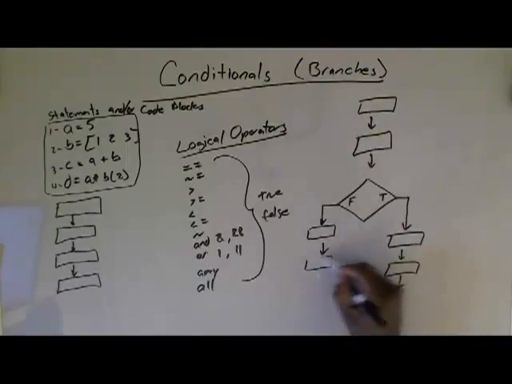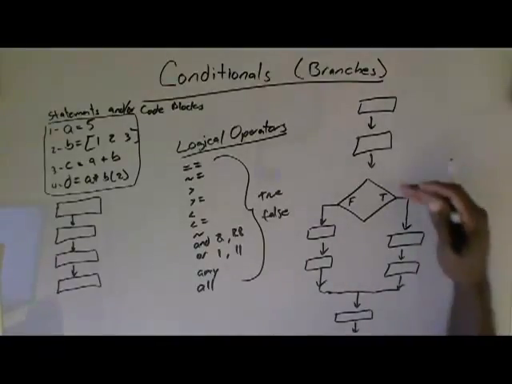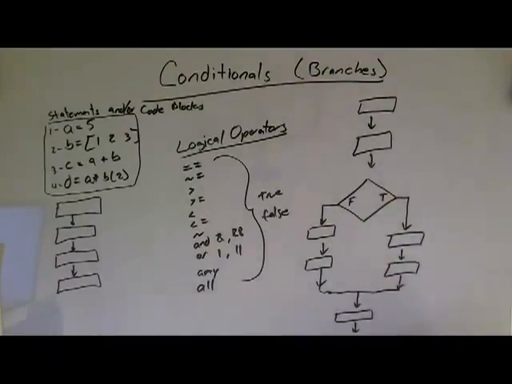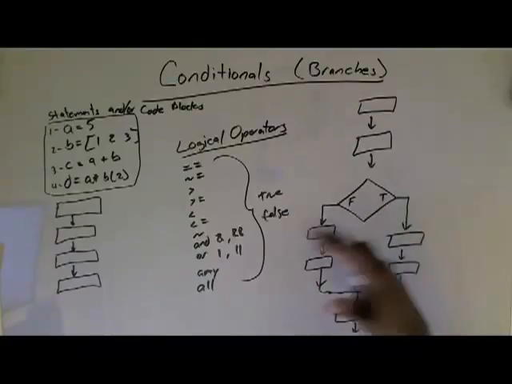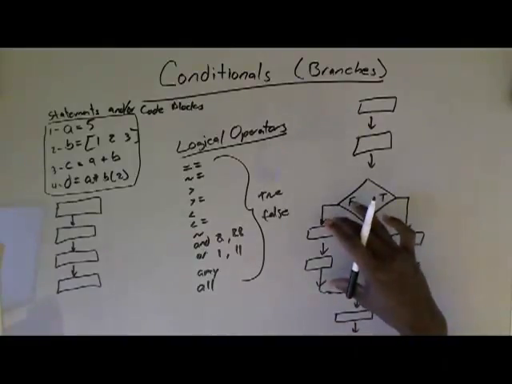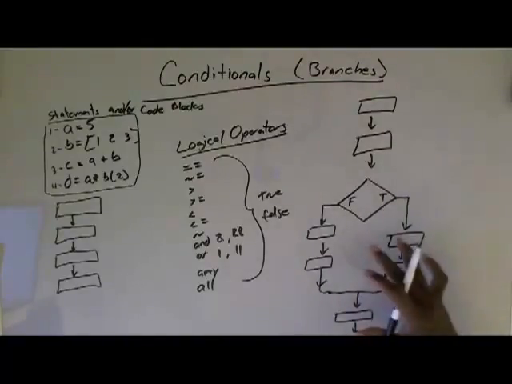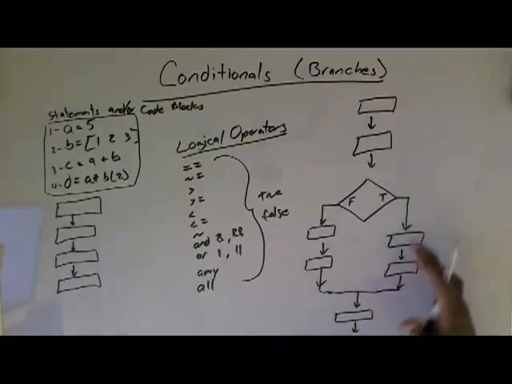And then once our conditional is over, we will resume with the normal flow of our code. So statements, conditional, and then back to statements. This conditional determines which one of these blocks of code we execute based on true or false. Now, we don't necessarily have to execute the code if it's false. This manifests itself in a few different ways, which is what I'm going to talk about next.